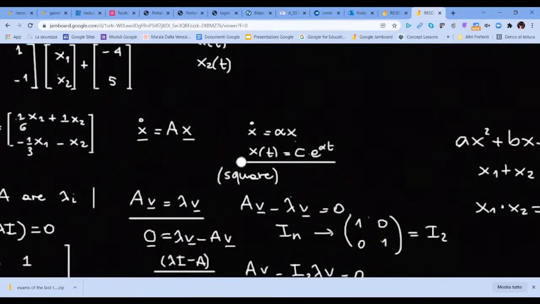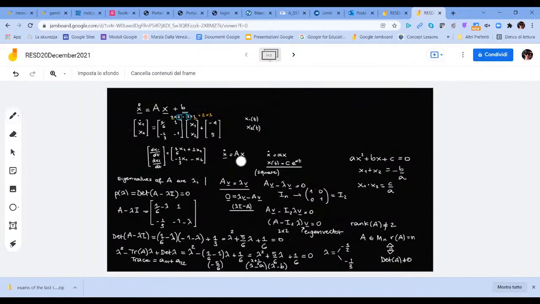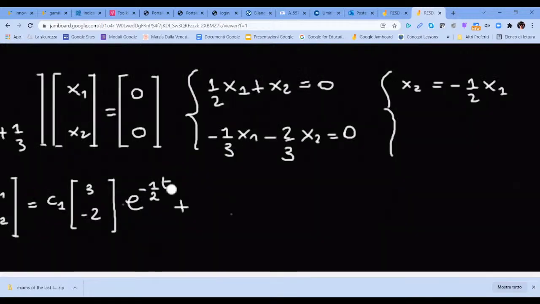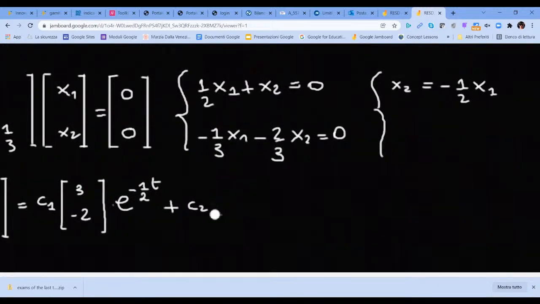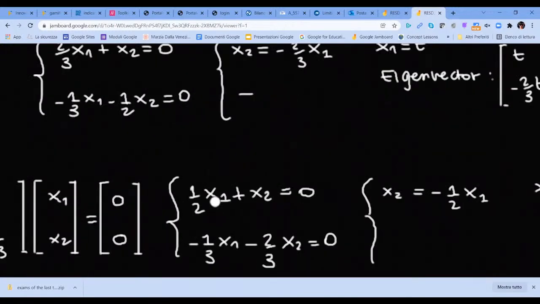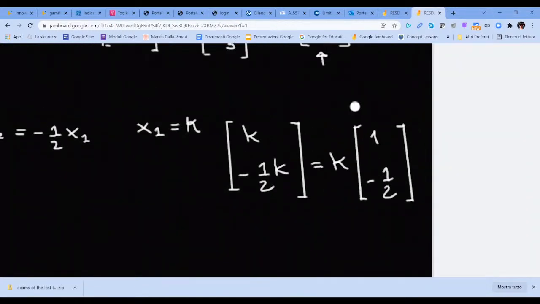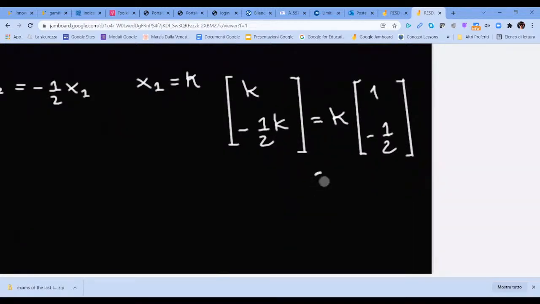This is a similar explanation that gives us this kind of solution. So we have the second one that we can multiply by 2. We don't need to have fractions, so we multiply by 2: 2 times (1, minus 1/2).